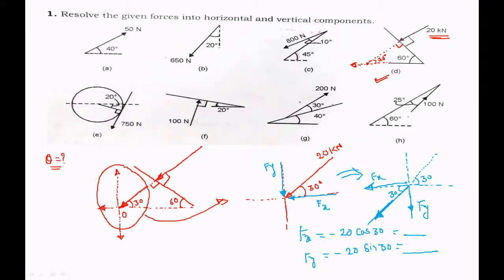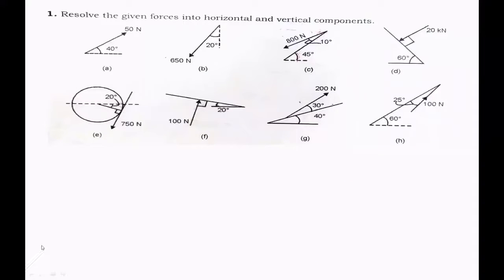Now refer the fifth problem, that is the problem E. Refer this problem, and just tell me what is the angle of the 750 Newton with respect to x-axis.